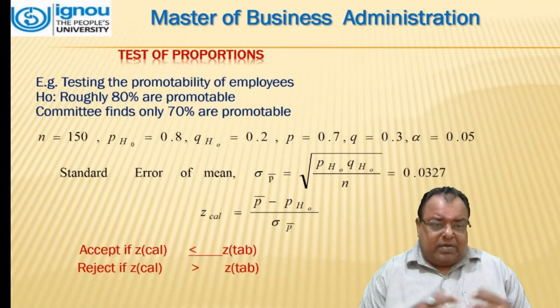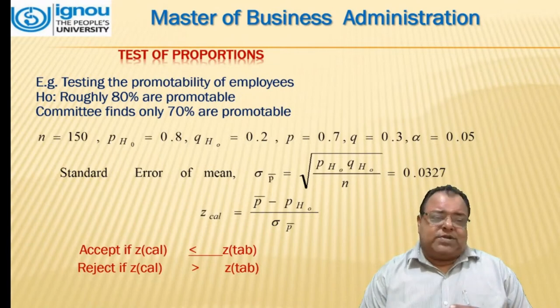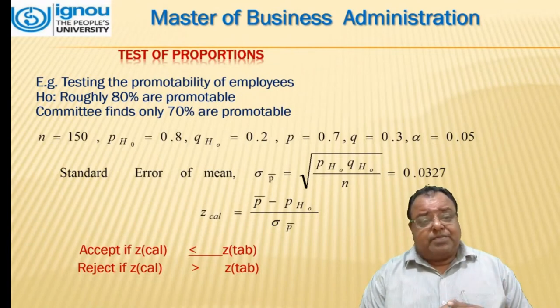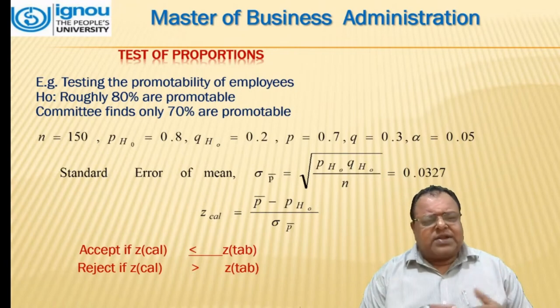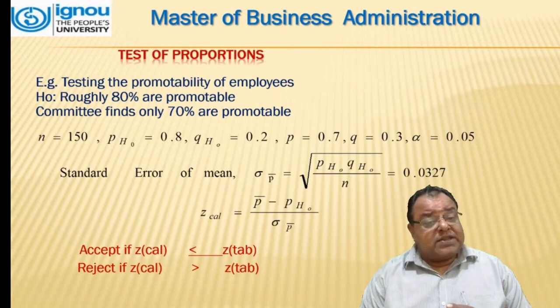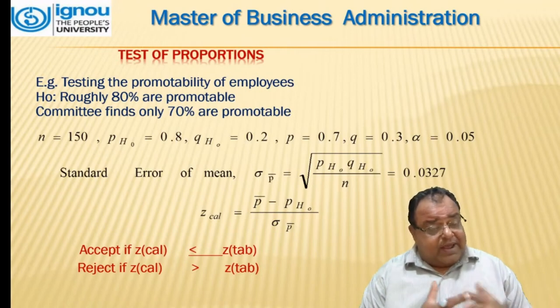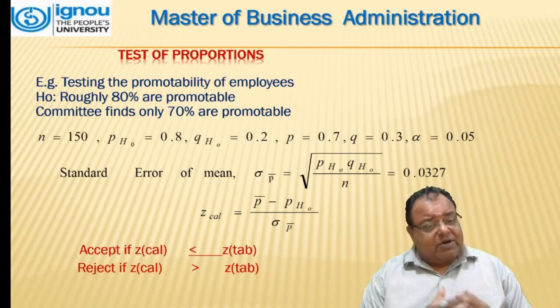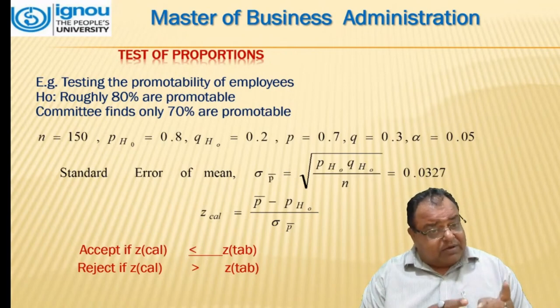Now, another case is test of proportions. Here, we are testing the probability of employees. H naught is that roughly 80% are promoted. The committee finds that only 70% are promoted. Suppose your n is 150, P H naught is equal to 0.8, because it is related to probability.